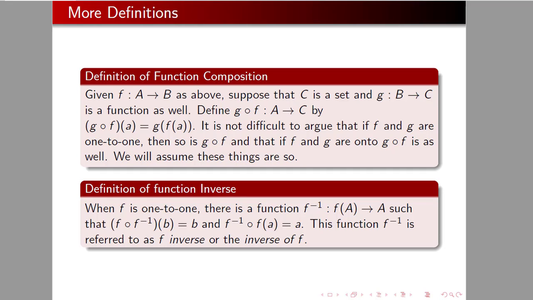It goes from f of A, the image of f, back to A, such that f composition f inverse of b is b, and f inverse composition f of a, and to make it clearer, I should have put parentheses around that pair, is equal to little a. This function is referred to as f inverse, or the inverse of f.